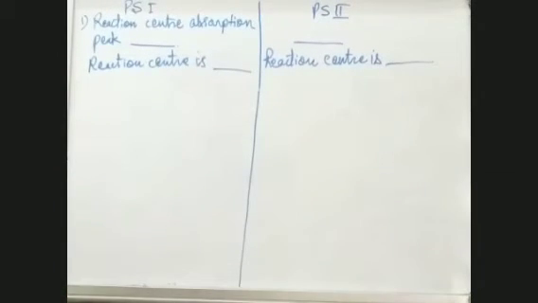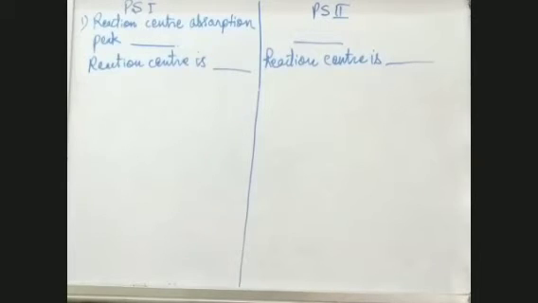Yes, I want answers from you all. I'm not getting any response. What about the reaction centers of both the photosystems? Yes, beta? What about the reaction centers of both the photosystems? Yes, I want your answers.